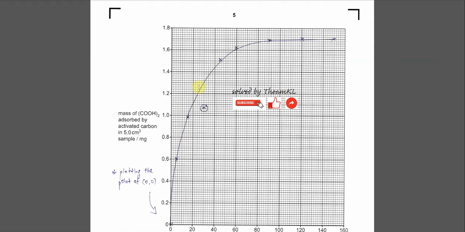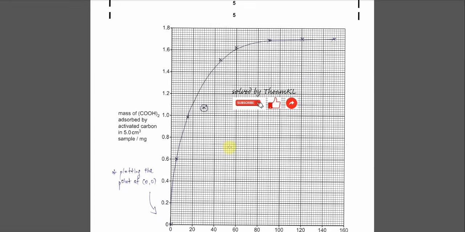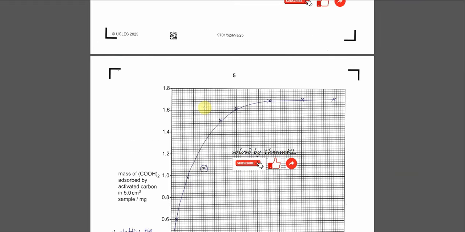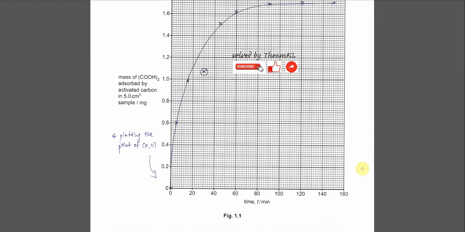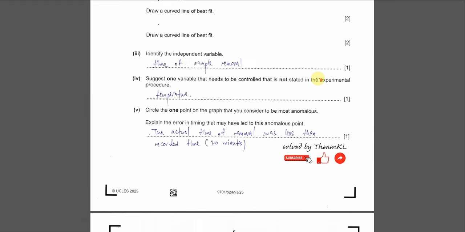Plot all the times, each of these times, and then you draw the best fit curve, and this is the anomalous point. When the time gets longer, obviously it's getting saturated, as I told you just now.